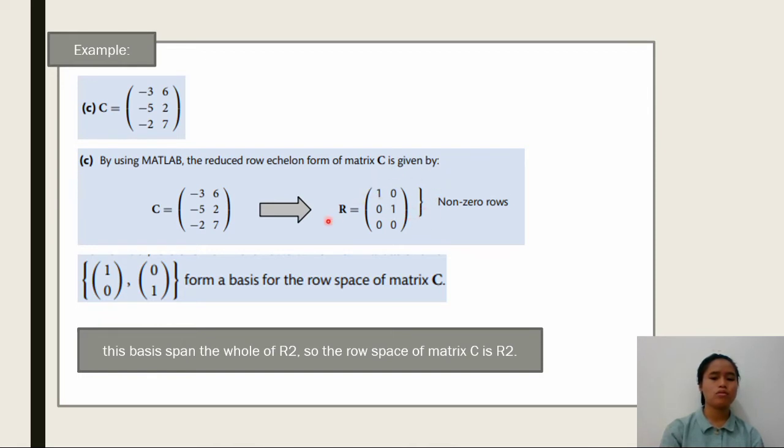From this we have a basis for the row space of matrix C. This basis spans the whole of R2, so the row space of matrix C is R2. So the dimension is 2.